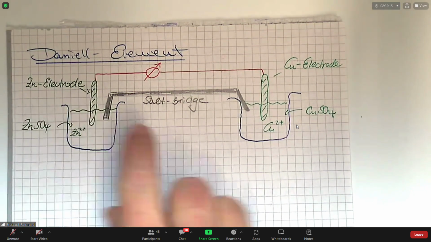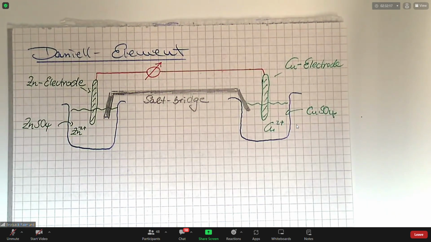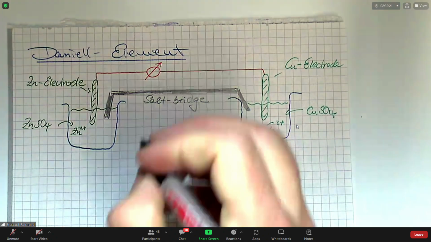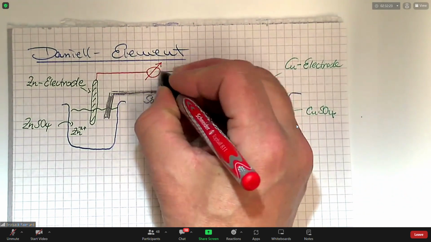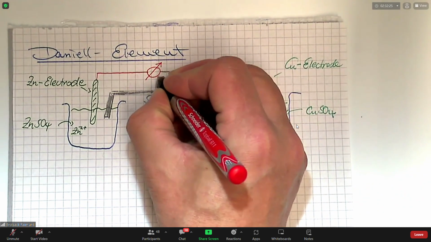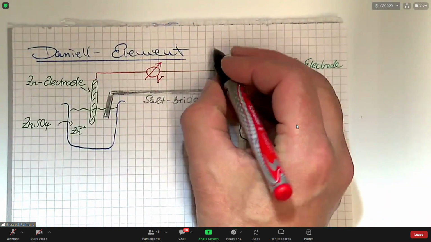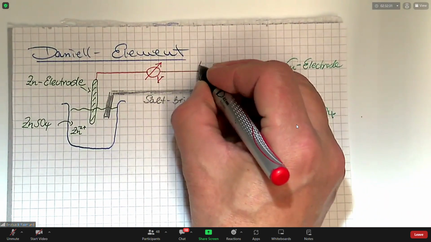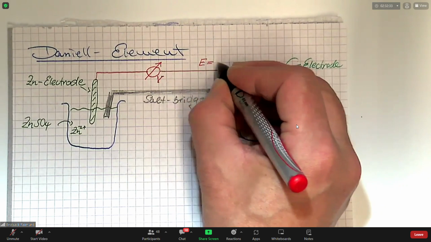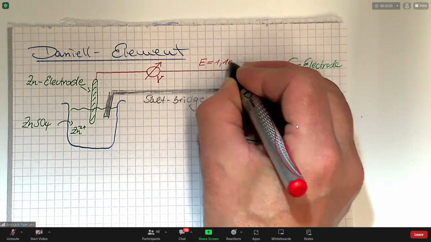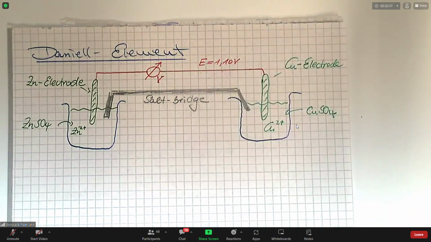Because in both cases we have sulfate. We can measure the voltage here. And in this example, the voltage difference E is 1.1 volt, which we can measure.